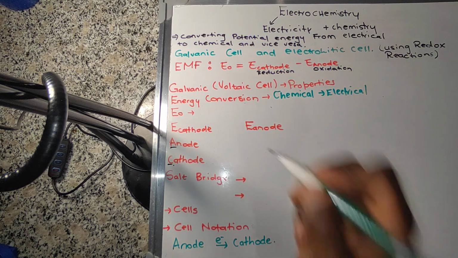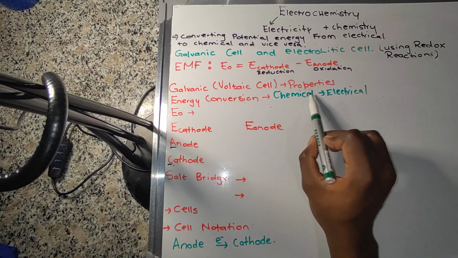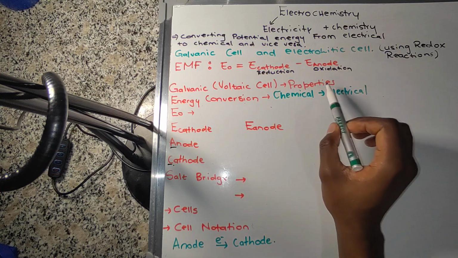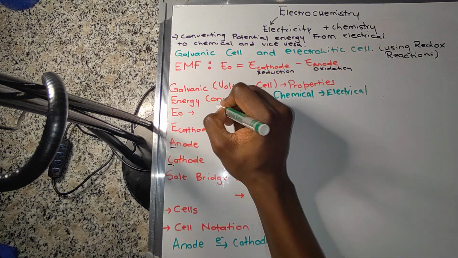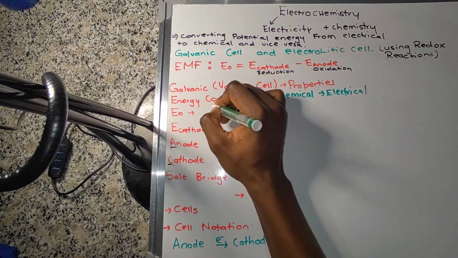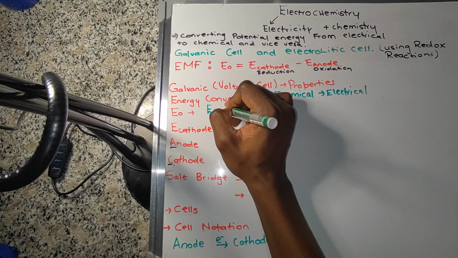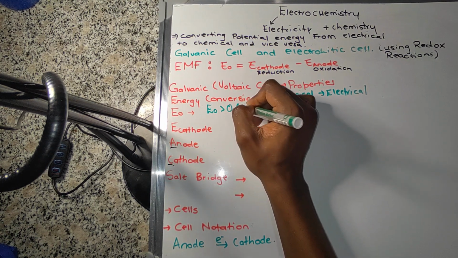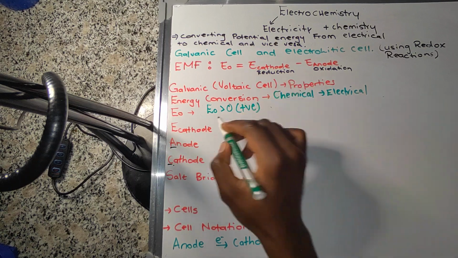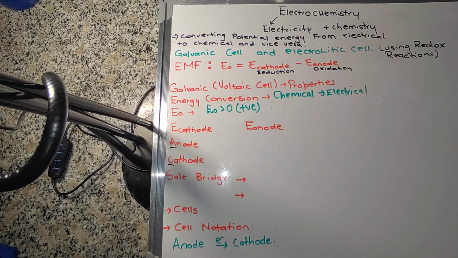And then I also want to mention that since we are producing electricity, our EMF under a galvanic cell will be positive. The E naught will be greater than 0. We understand that values which are greater than 0 are positive. So the E naught will be positive as such.